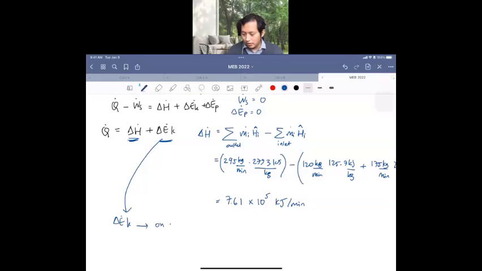So on the outlet stream, the pressure is 17 bar, and from table B6, we will get the specific volume at 17 bar, which is 0.1166 meters cube per kilogram.